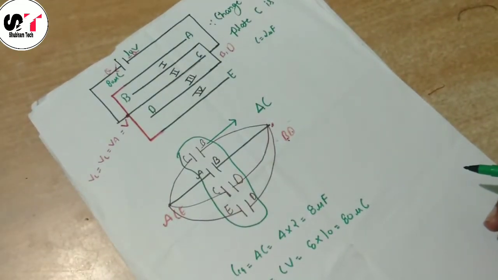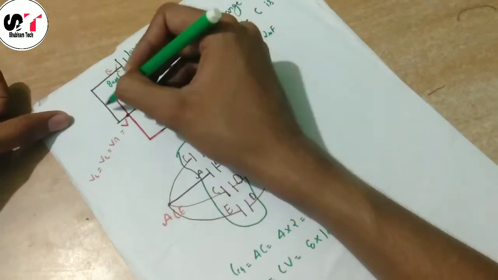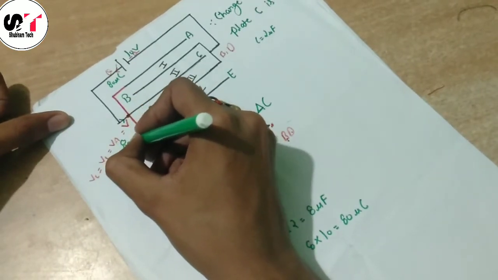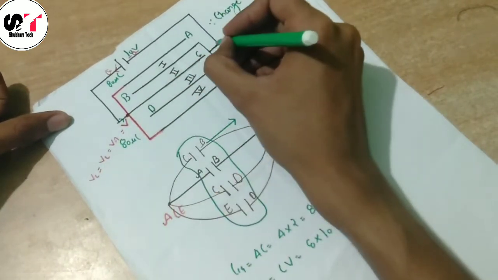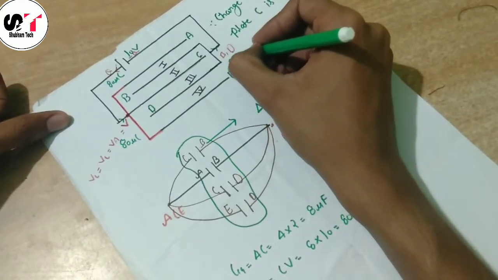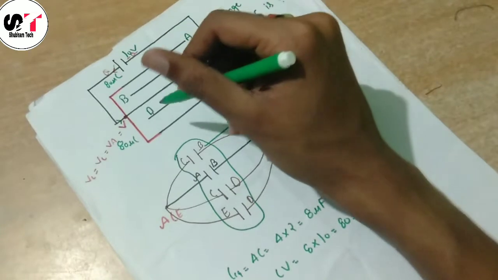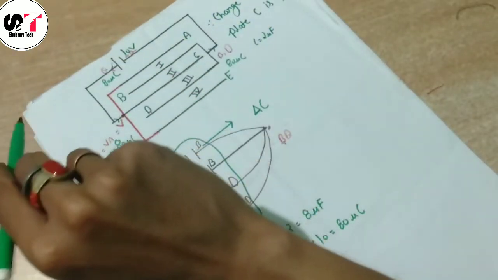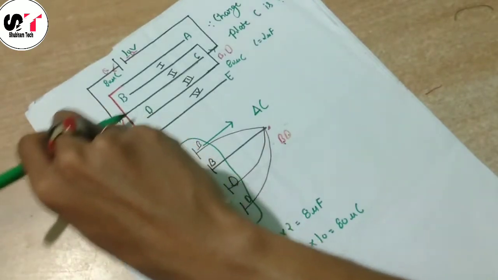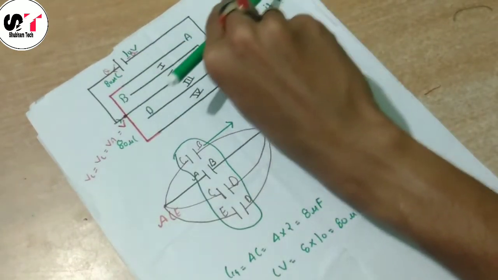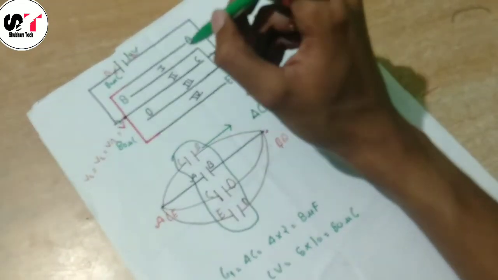Now this 80 microcoulomb entering from this side must be leaving from this side to validate KVL.